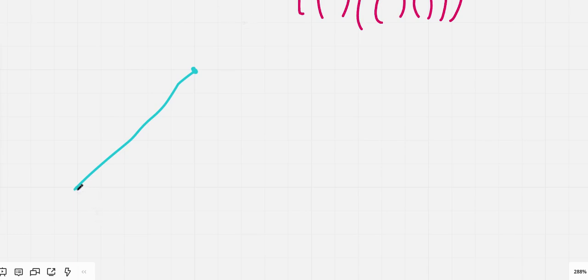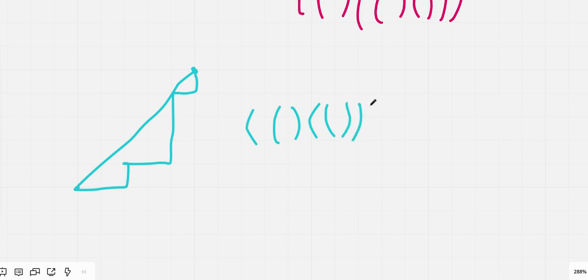Let's say this is one of our paths, and I'm going to write some parentheses that correspond to this path.